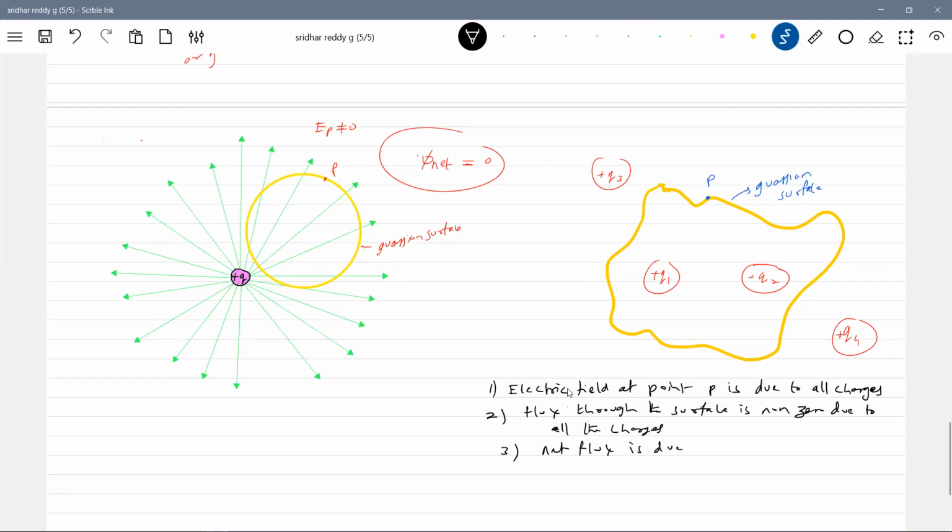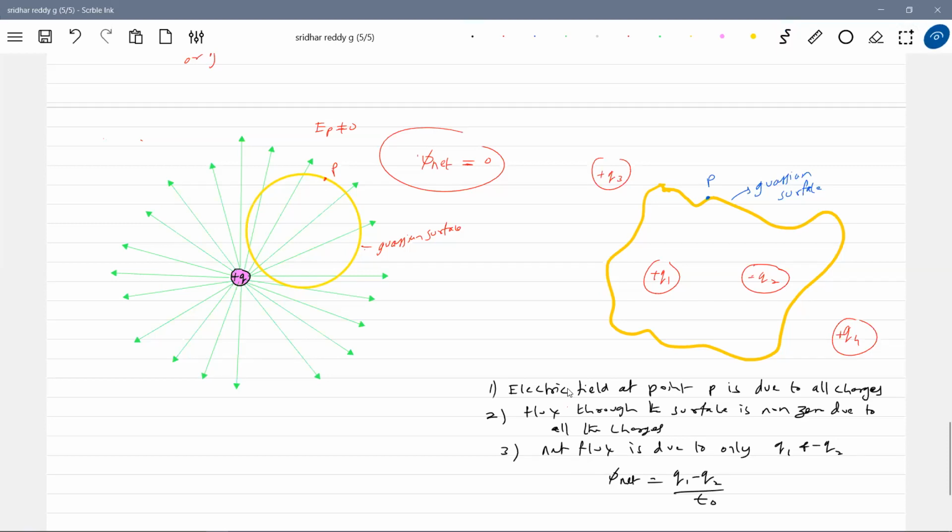Net flux is due to only Q1 and minus Q2. And how much is it equal to? Q1 minus Q2 by epsilon.